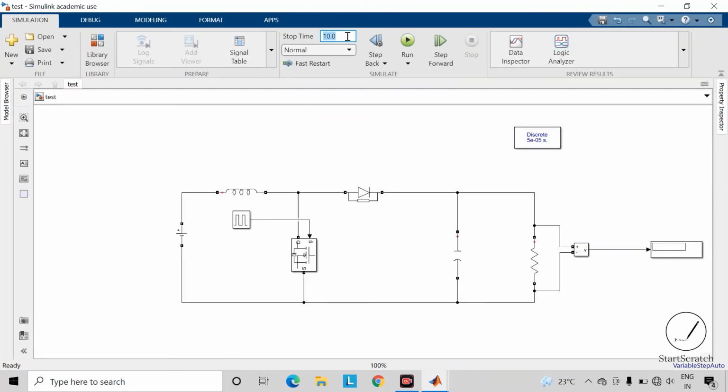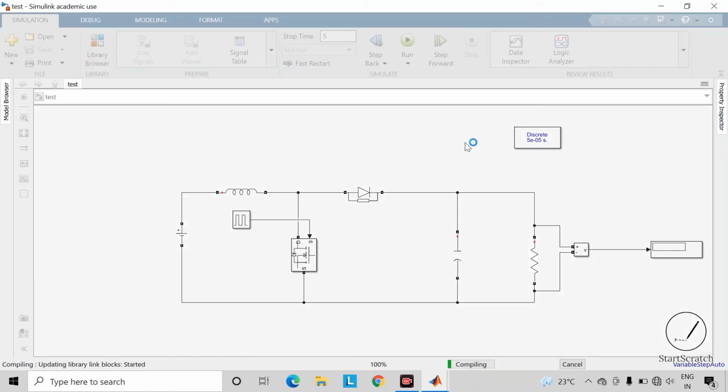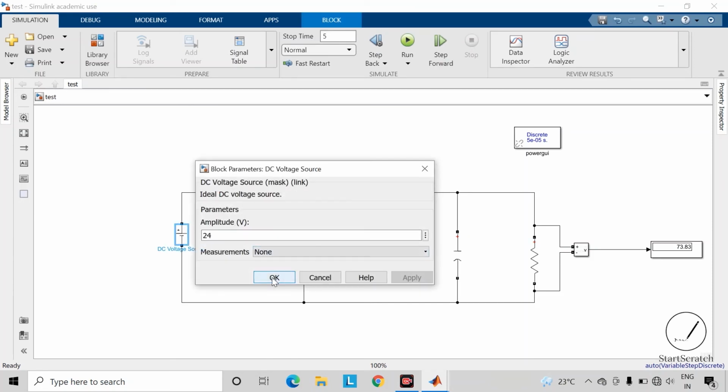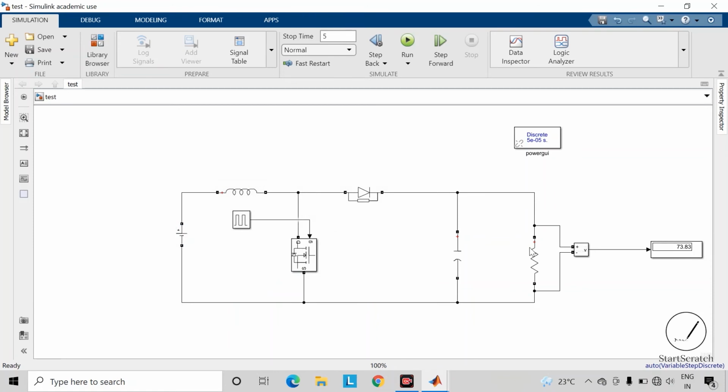Let us take stop time as 5 seconds and now run it. So here our input voltage is 24 volts, and with the help of this boost converter we are getting the voltage at this load terminal as 73.8 volts.